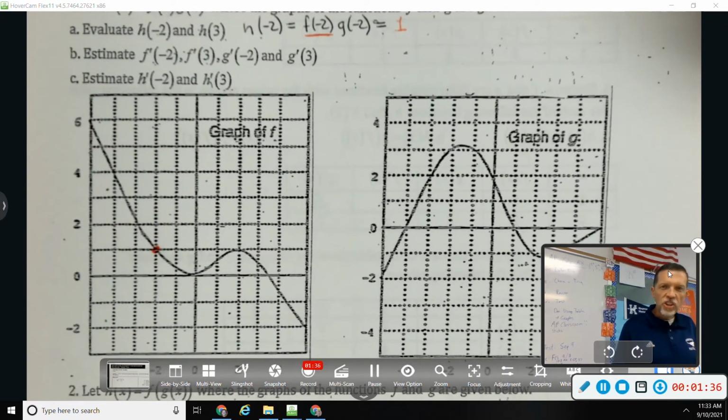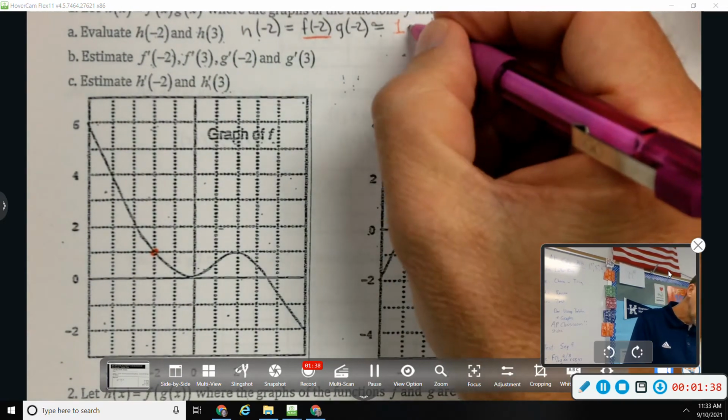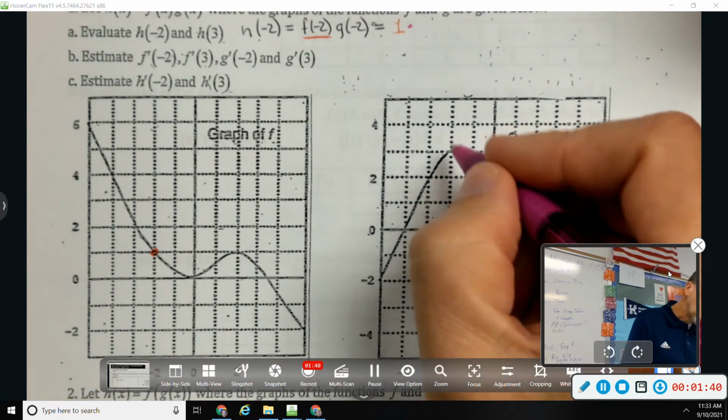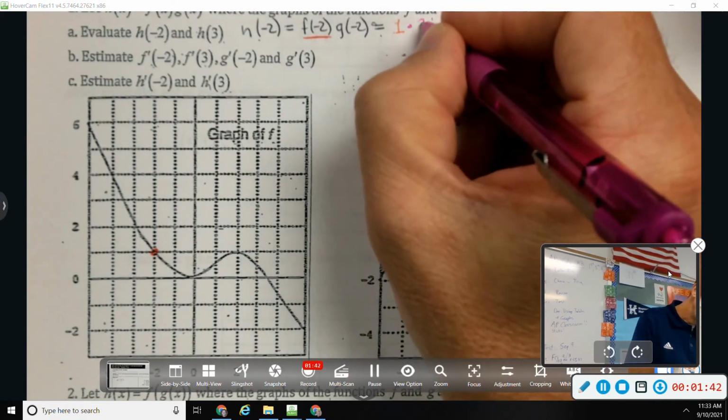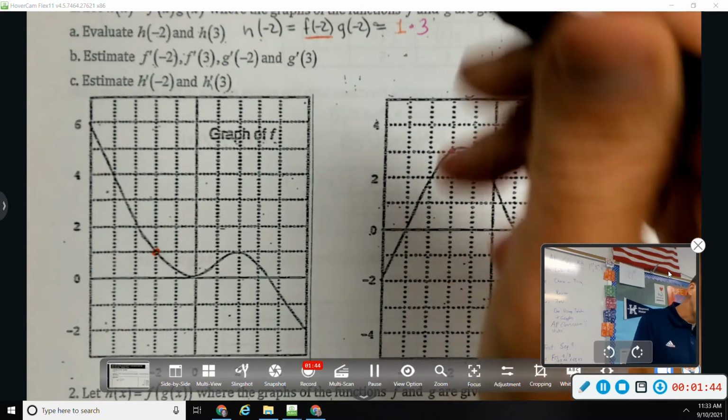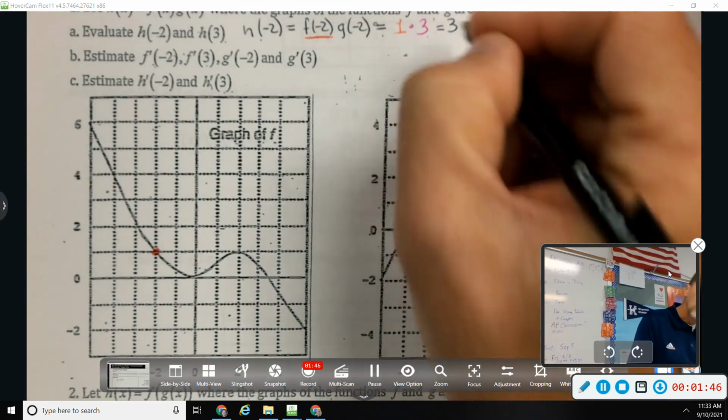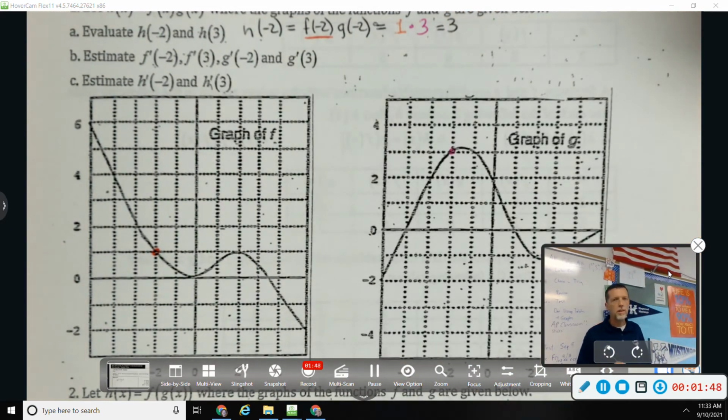And then g of negative 2 is 3. And so my answer is just 3. So not bad, just using the picture to answer the question rather than an equation.